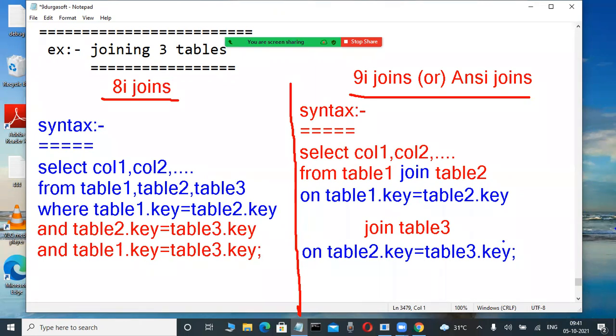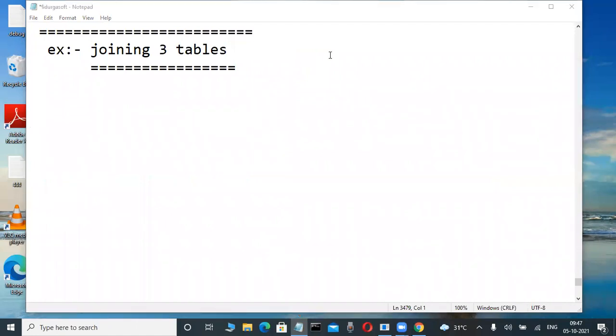Join new table name on clause. Completed fast. Take a snap.